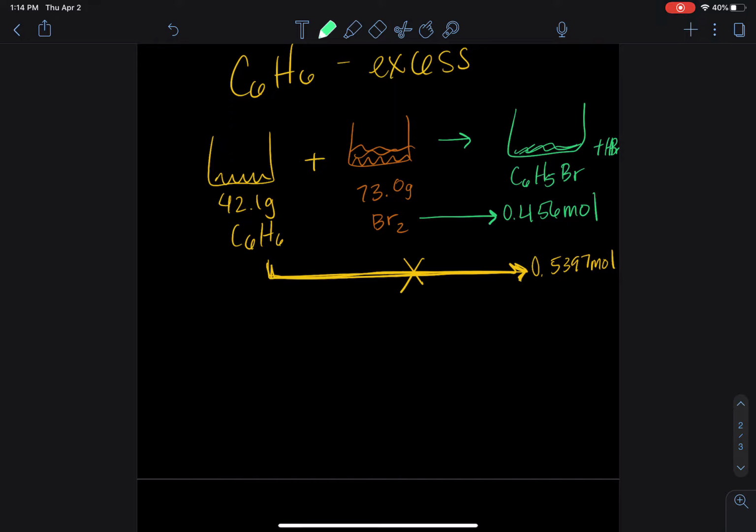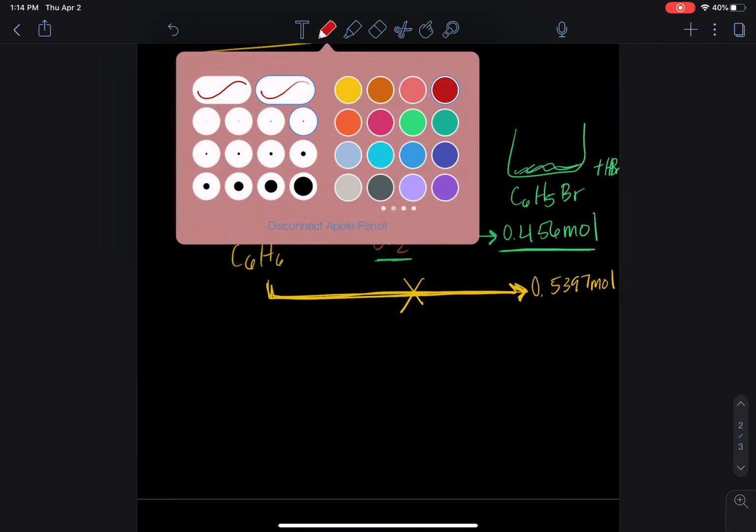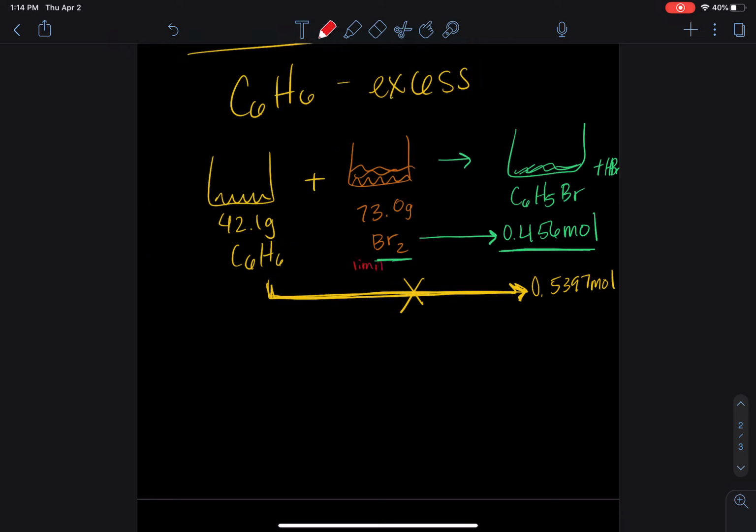So the question, first off, was which one's the limiting reactant? Well, bromine is clearly the limiting reactant because it makes the lower amount of product, okay? So it stops the production at 0.456 moles of product. So our question is which one's excess? Well, if bromine is your limiting one, then that means that your benzene is in excess.